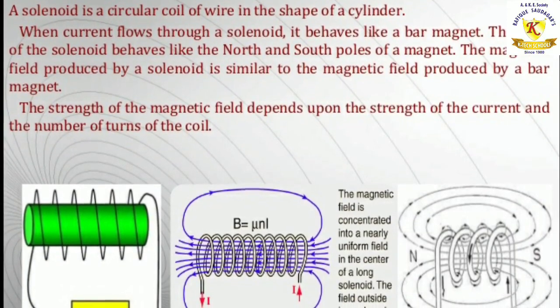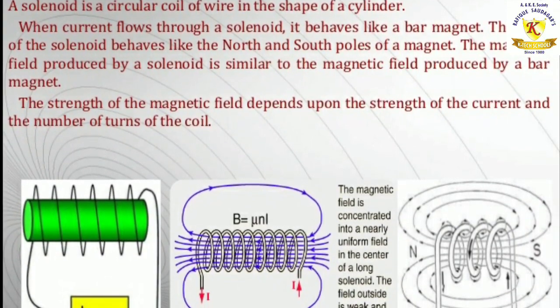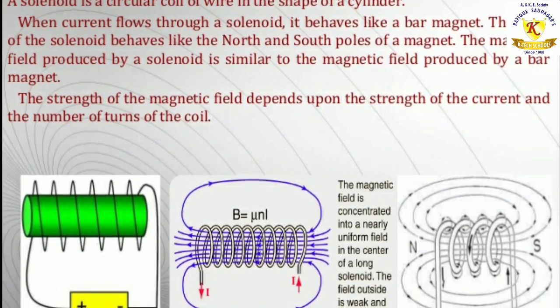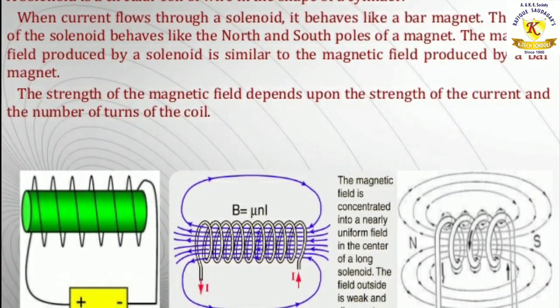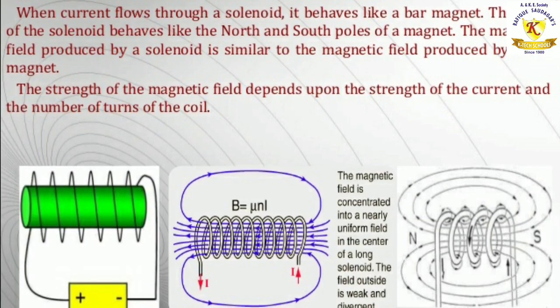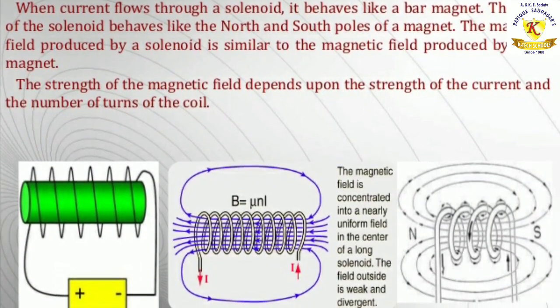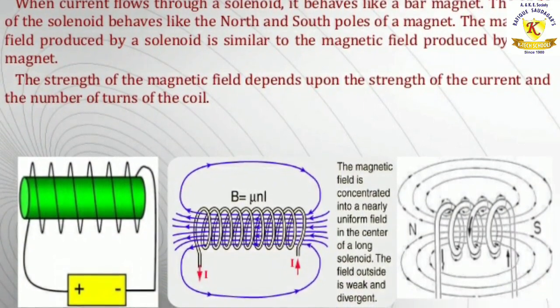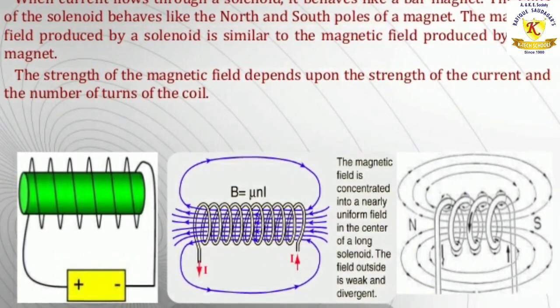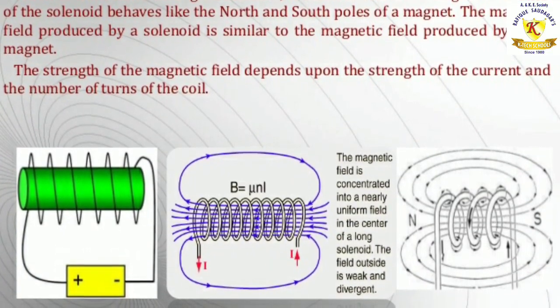The magnetic field produced by a solenoid is similar to the magnetic field produced by the bar magnet. The strength of the magnetic field depends on the strength of the current and the number of turns of the coil.